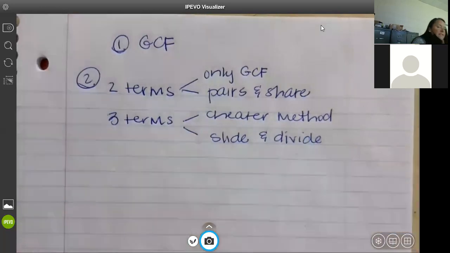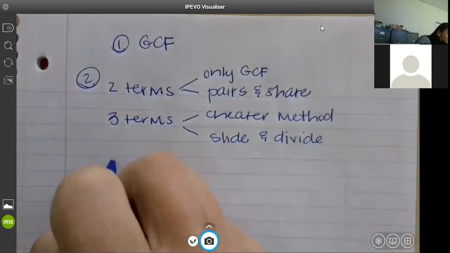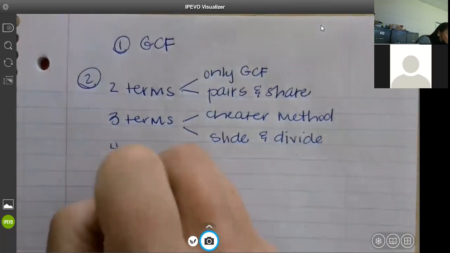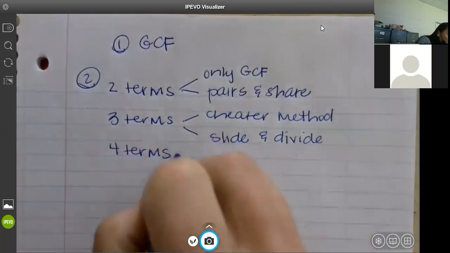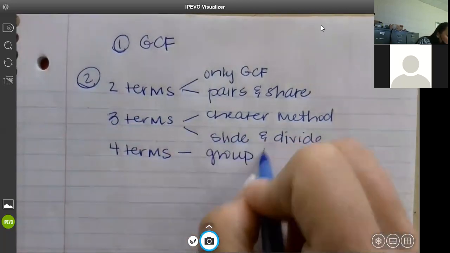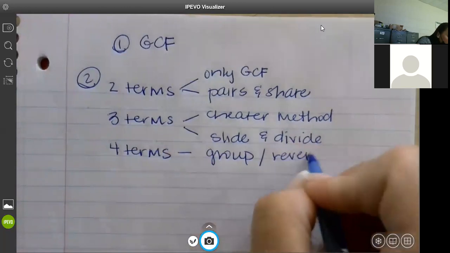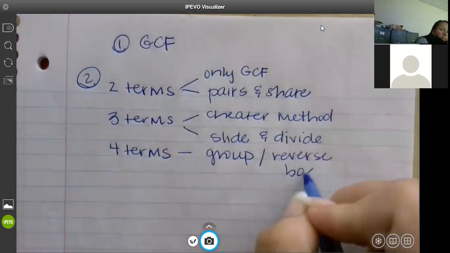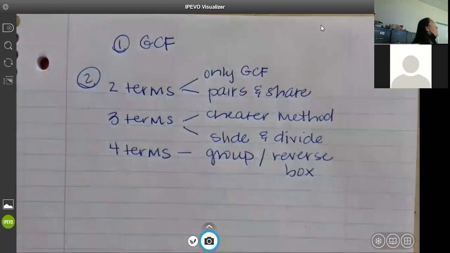But again, always try to take out a GCF to begin with. Or you're going to have four terms and you're either going to group them or we've been doing reverse box. Okay. And we're going to go over every single one of these. So I will pick the problems that will show each one of these.